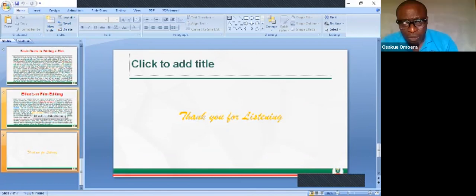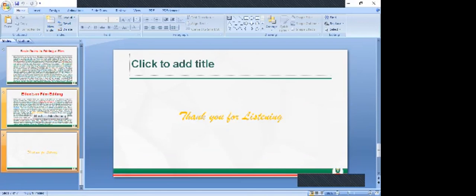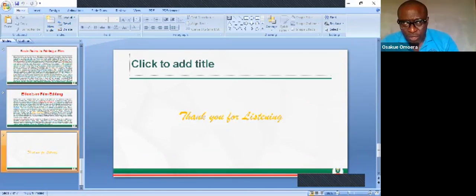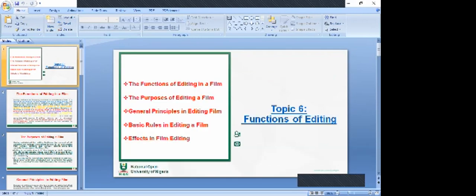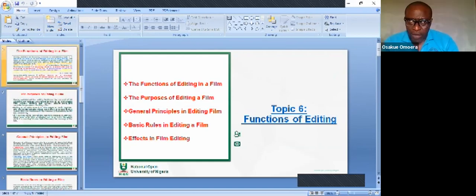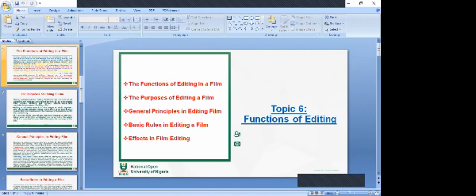Can you see? I asked you, can you see? You said yes. Can you see this one now? Yes, sir, we can see this one. I tried to change the colors. Can you see this?